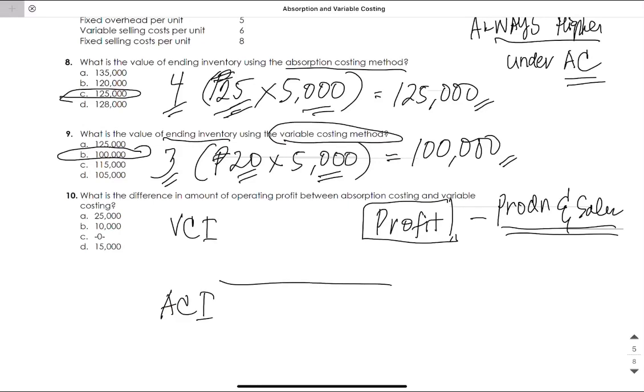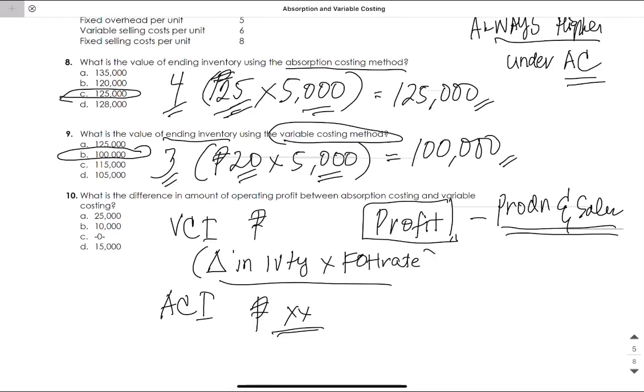The reconciling item pertains to the product of the change in inventory times the fixed overhead rate. This is what we have done in problem 1. So that's the difference.